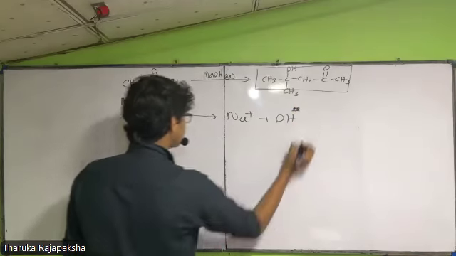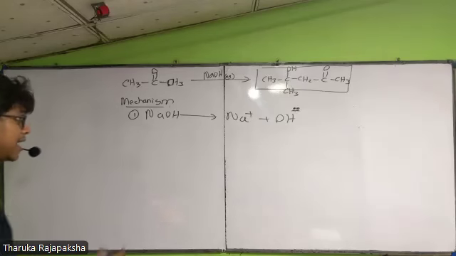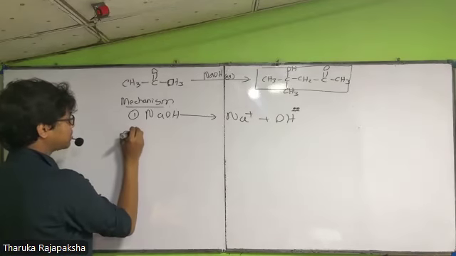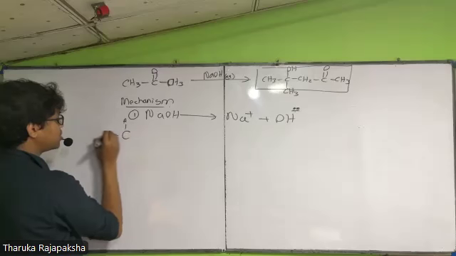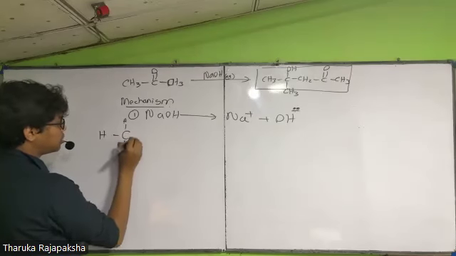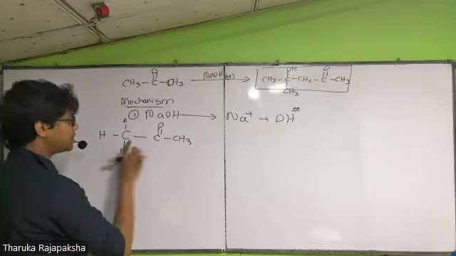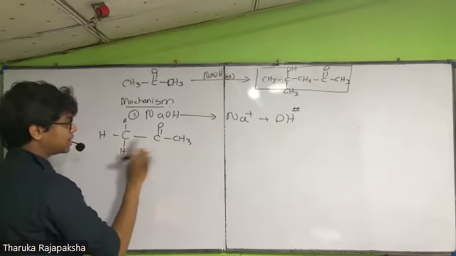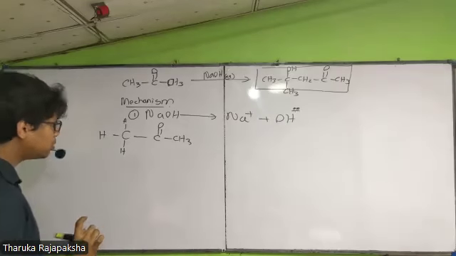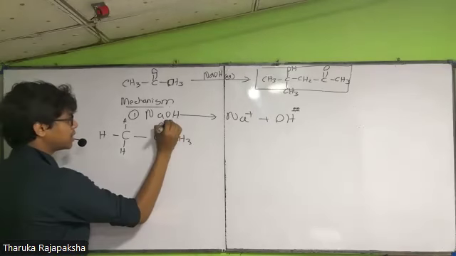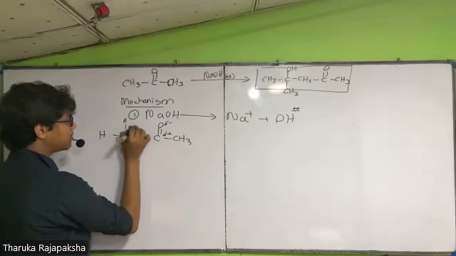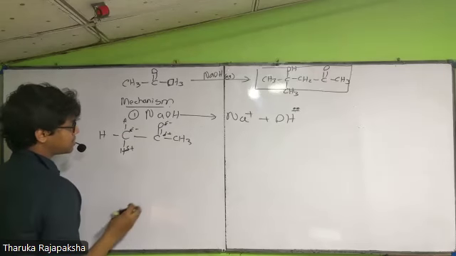Sorry, Na plus and OH minus. Then this compound is there, with hydrogen, hydrogen, hydrogen. You have to select this side or this side. I am selecting this side; you can select this one also. Now, this one gets the delta minus, this one gets delta plus.